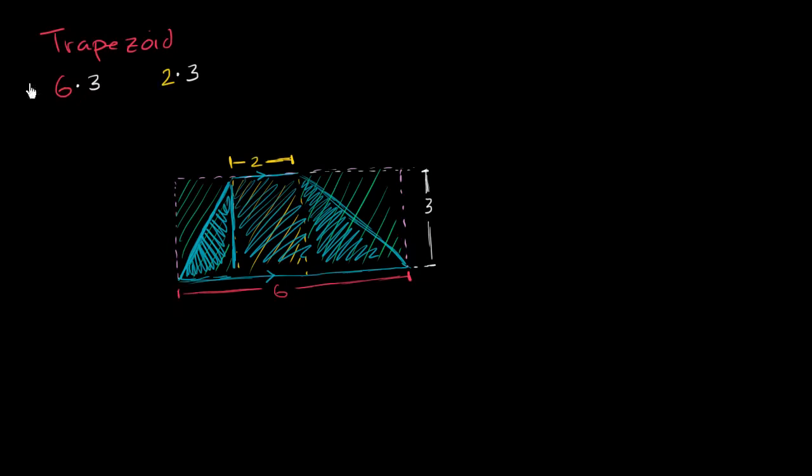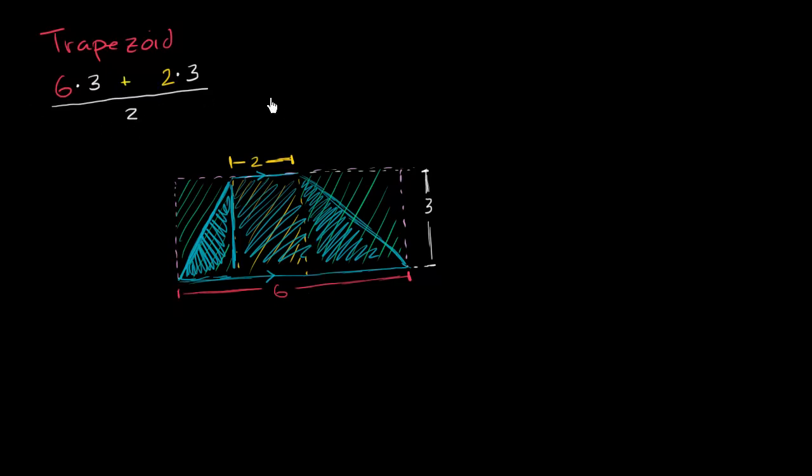So let's take the average of those two numbers. It's going to be 6 times 3 plus 2 times 3, all of that over 2. So when you think about an area of a trapezoid, you look at the two bases, the long base and the short base. Multiply each of those times the height, and then you could take the average of them.